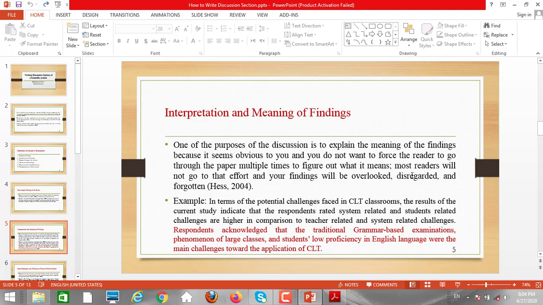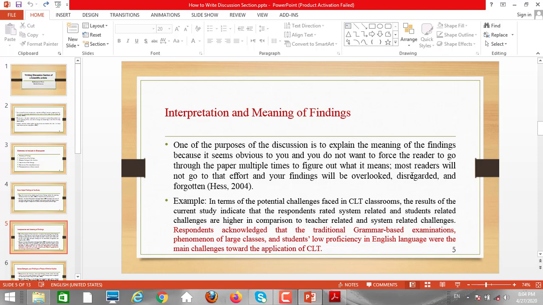Okay, moving on to the next part. After you briefly summarize one of your major findings, the next step is to provide interpretations and meanings of your major findings.